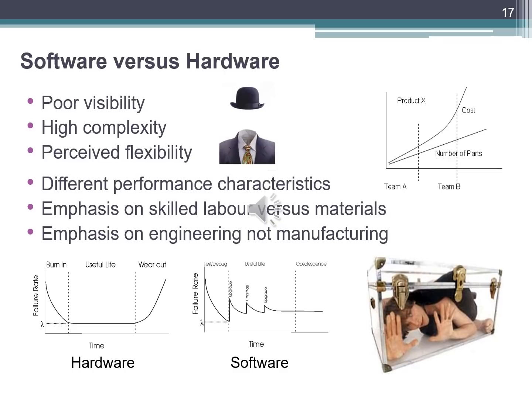To better understand why the failure rate is so high in software projects, we had better make a comparison between software engineering and other engineering disciplines. I classified all other engineering disciplines as hardware and software engineering as software. So, software engineering versus hardware. Software is of poor visibility.